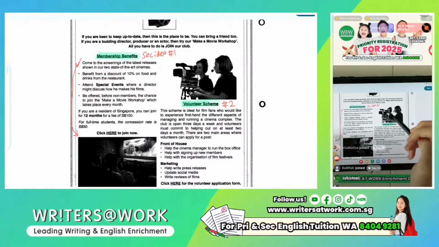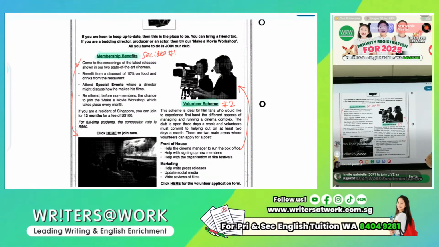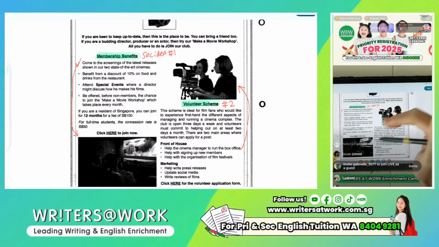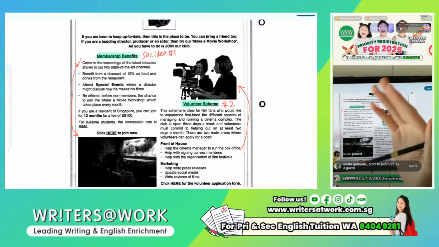For the second picture here, you can see it's related to the volunteer scheme and how you can help the manager run the box office or the movie screening itself. After you have identified these secondary ideas, then you slowly read the details of what this whole poster is about.